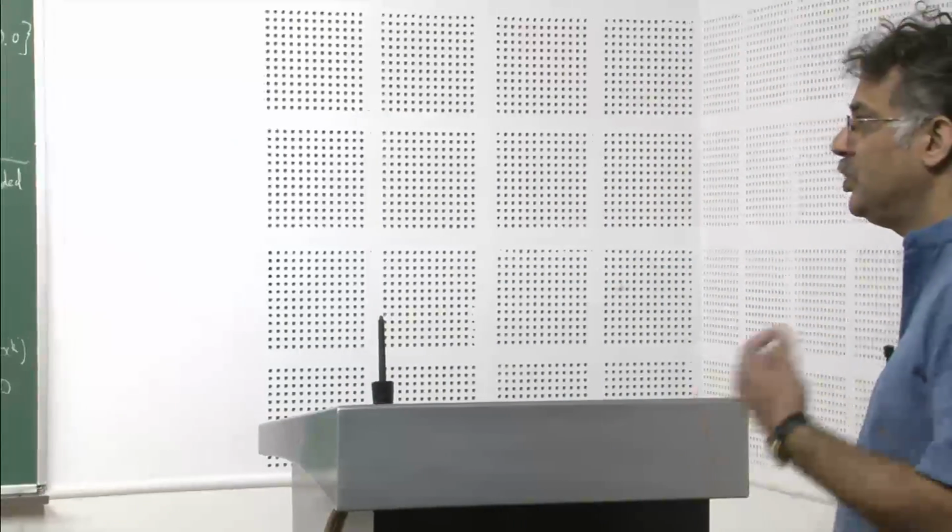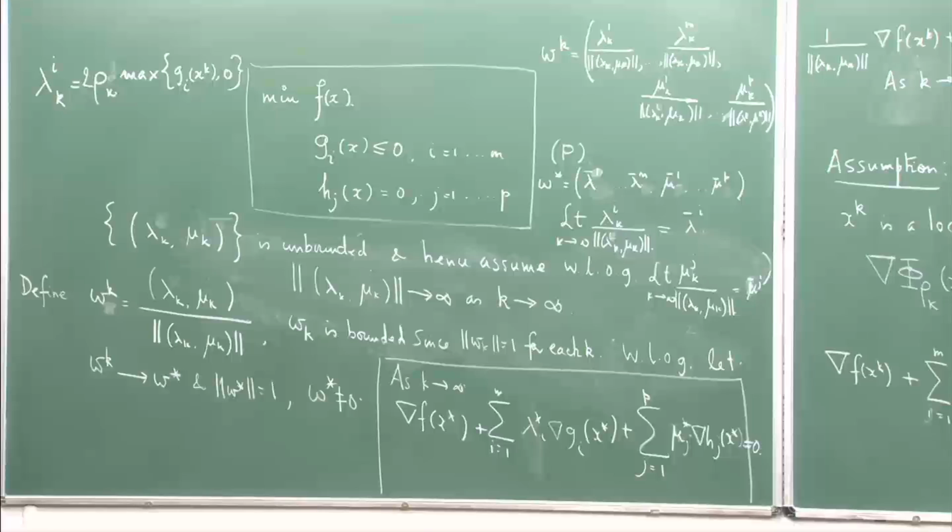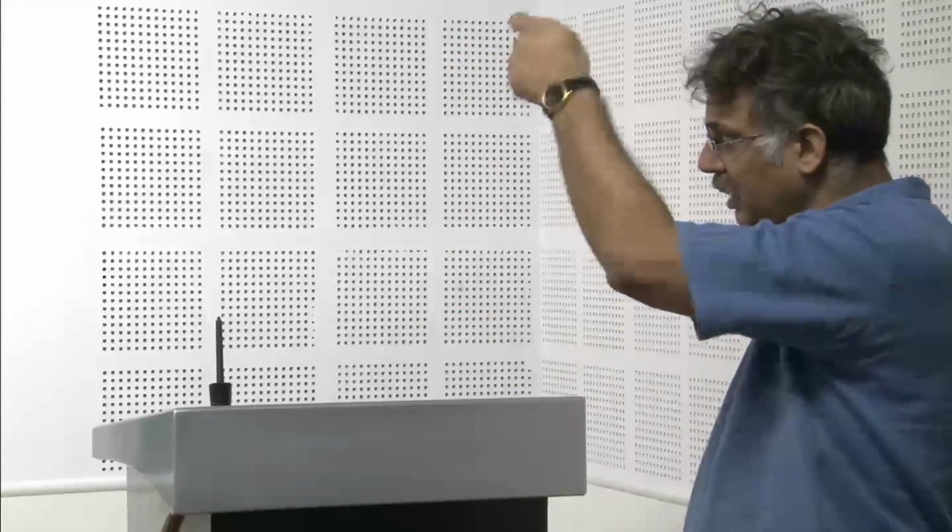So, this is something very important to note: if I have rho_k unbounded, then there must be a subsequence among rho_k which is unbounded. Which means that among the lambda_i^k, the corresponding subsequence would also form an unbounded sequence, in looking at the structure of the sequence.